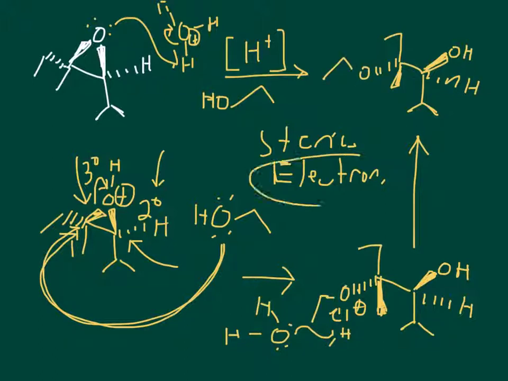So here, electronics actually won out over sterics because the electronic stability based on the tertiary carbon here won out over sterics. Or the steric hindrance wasn't enough to overcome that electronic stability that we obtained.